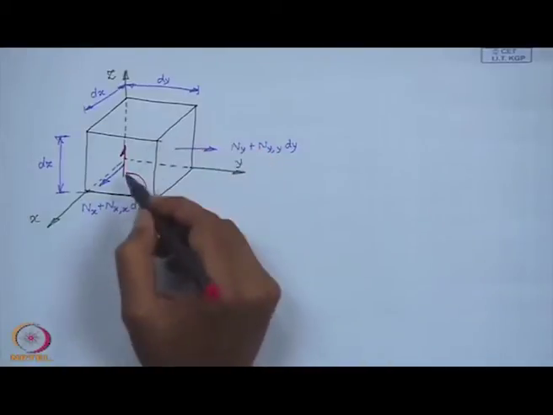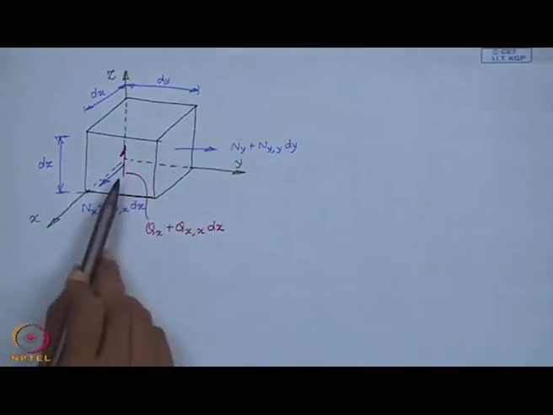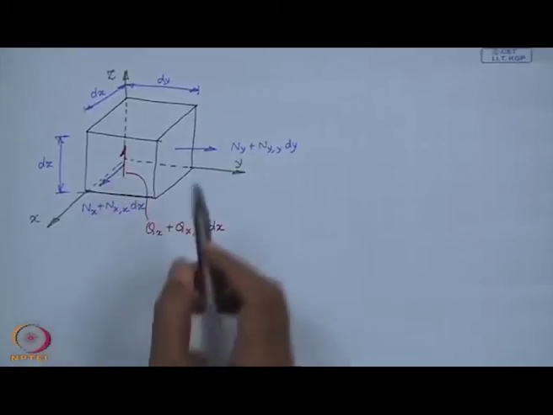That will be q x, and this is q x plus del q x del x dx.